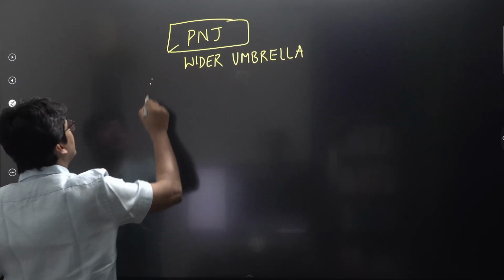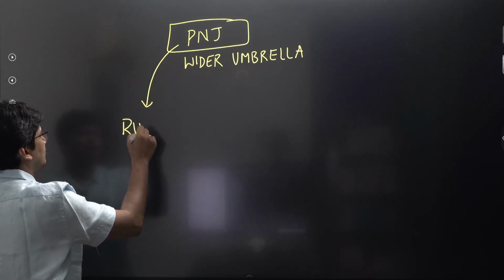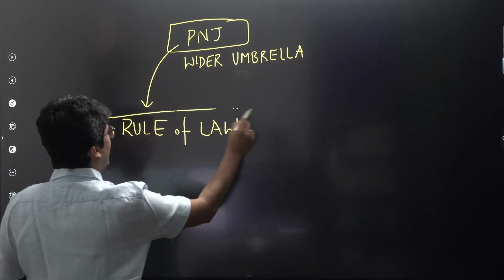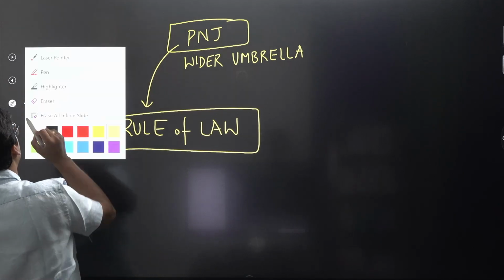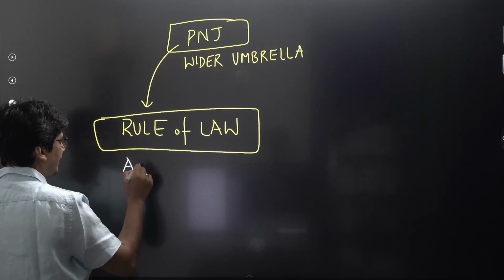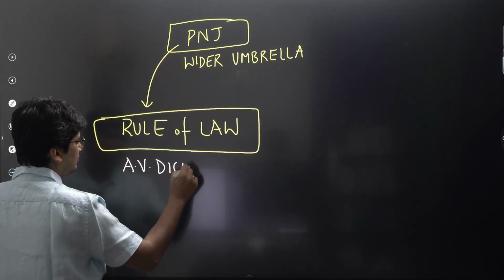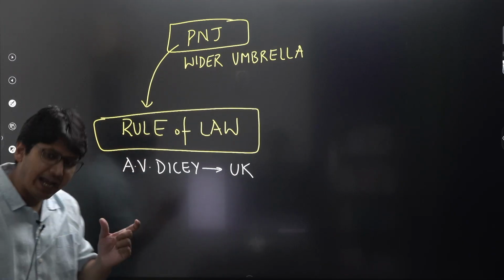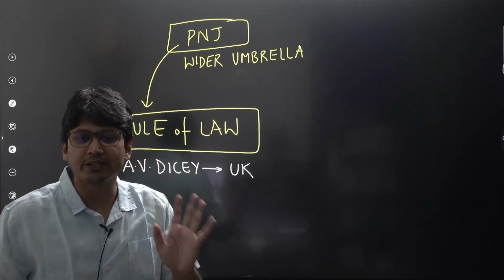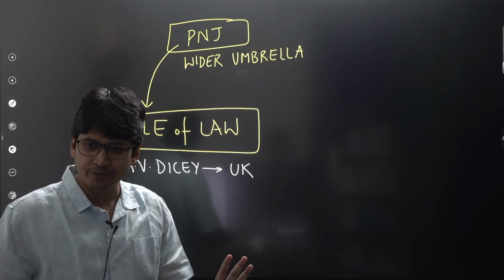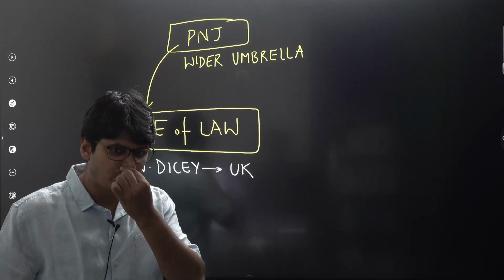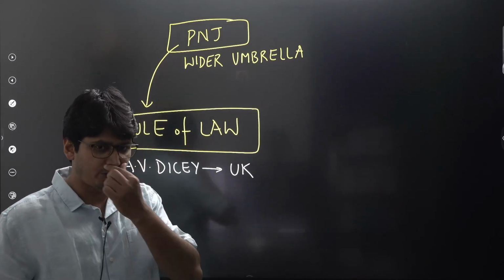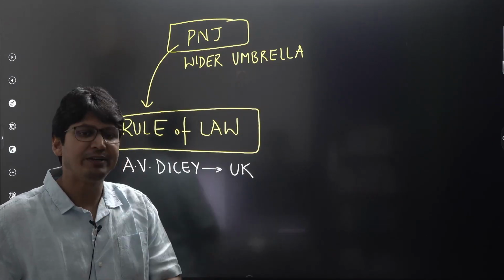जिसका एक पार्ट बनता है रूल ऑफ लॉ. One part of it is rule of law. At the very outset, I am telling you this fact that rule of law is a concept given by A.V. Dicey of Britain. And in India, we do not follow rule of law exactly as propounded by A.V. Dicey, but we have made certain additions.